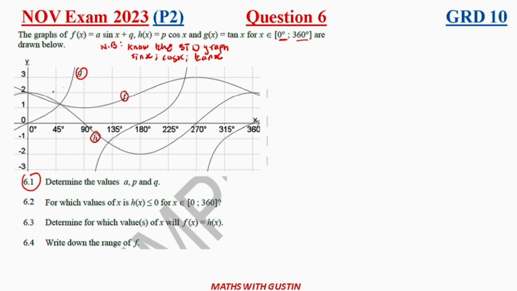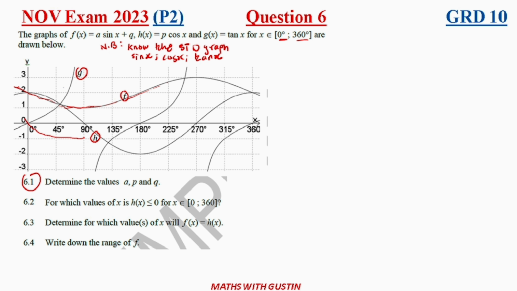So what they mean by this is that under normal circumstances, this graph, the one you're looking at here, this is the one for sine, is going up all the way. So under normal circumstances, this graph will be touching here.